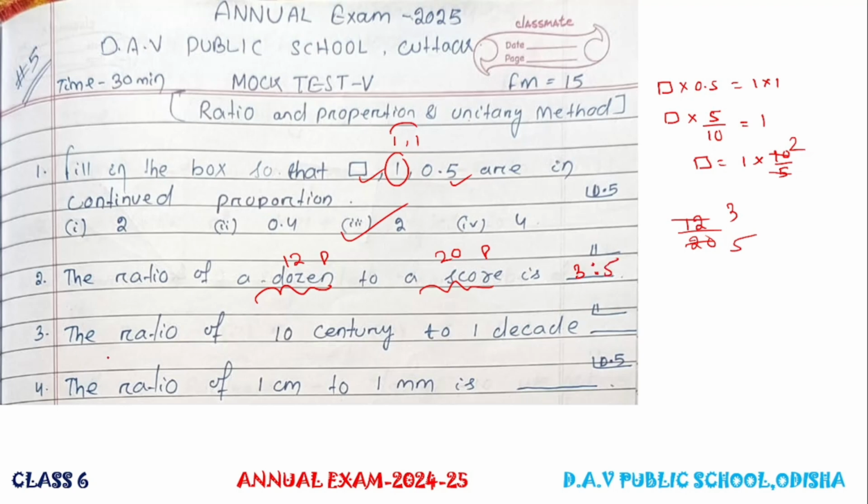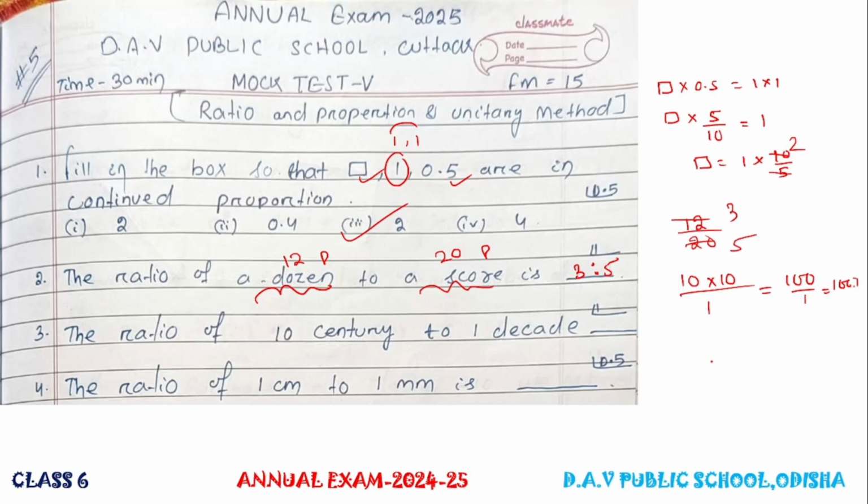Next, the ratio of 10 centuries to a decade. Okay, 10 centuries converted into decades, that is 10 into 10, divided by 1 decade. So 10 tens are 100, that is 100 divided by 1, that is 100 is to 1.